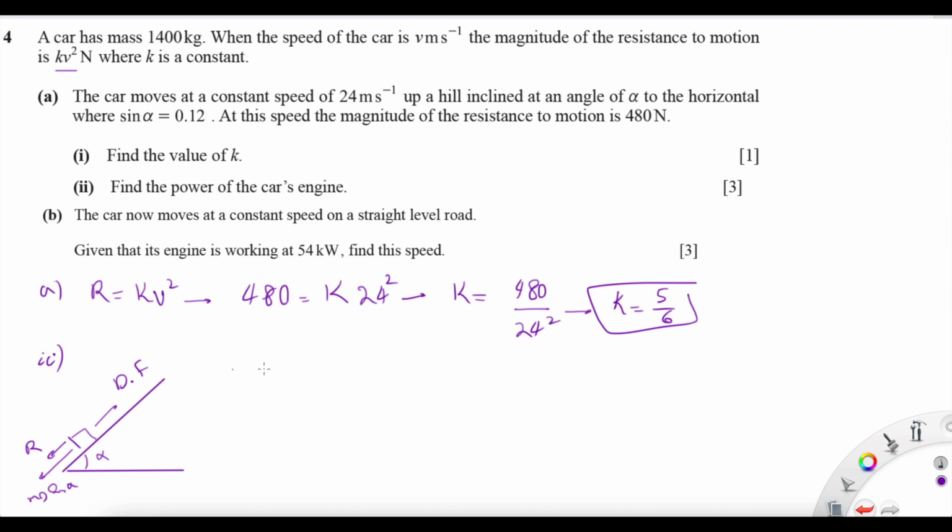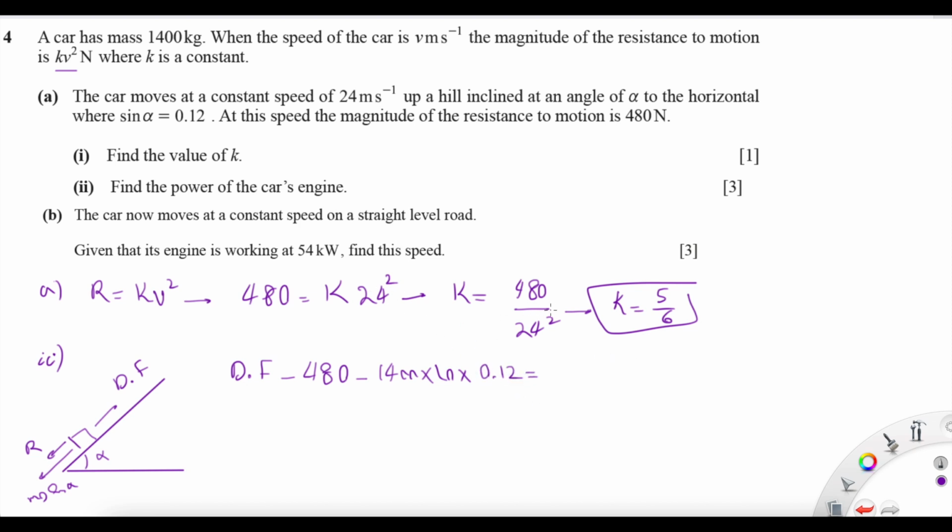So we have driving force up the hill, driving force minus resistance, which is 480, minus mg sine alpha. m is 1400 times g 10 times sine alpha, which is 0.12.